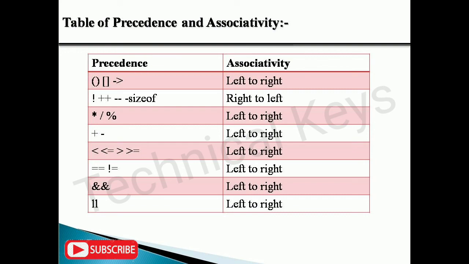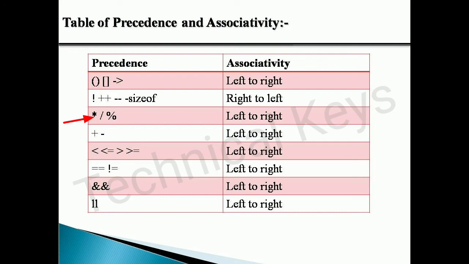and it goes on until the last, meaning this OR operator, this logical OR operator, has the last precedence. Now comes the associativity. If I take this group, the third row, and out of these three operators I have two operators in my equation, then which operation should be performed first?